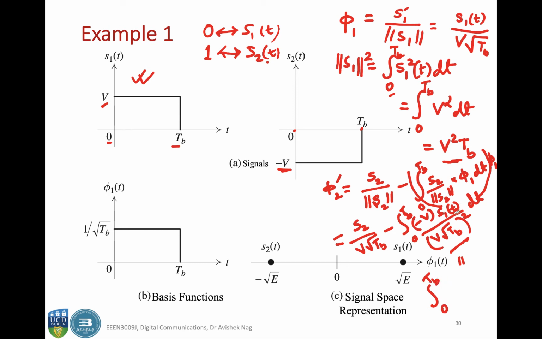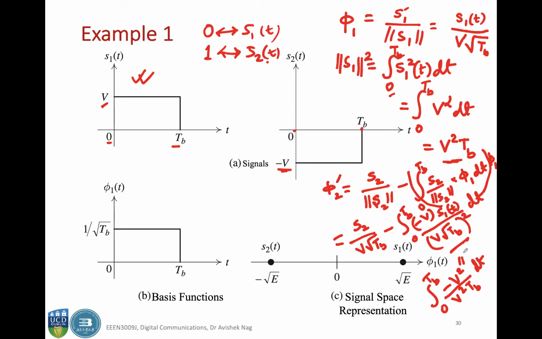I'm putting the value of S1 between 0 to tb, which is v. So the numerator will be minus v times plus v, which is minus v square, and in the denominator you have v square tb, and then you have dt.